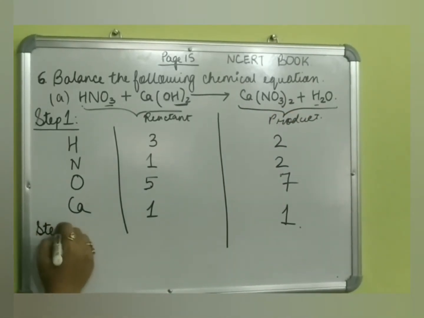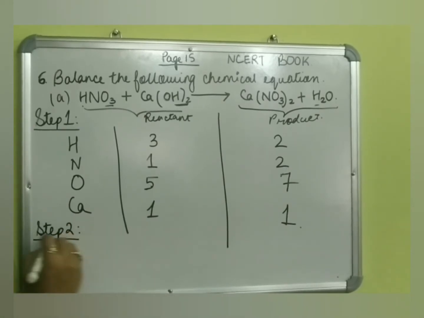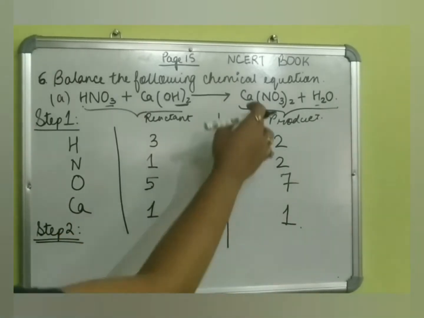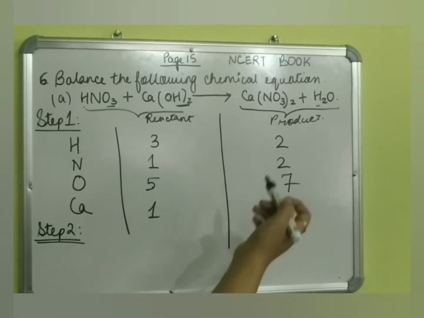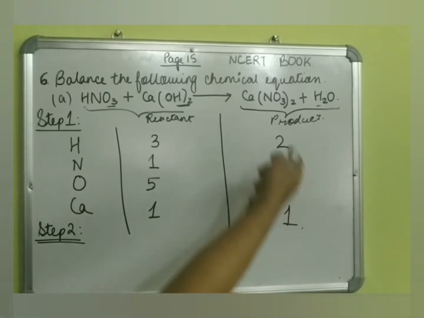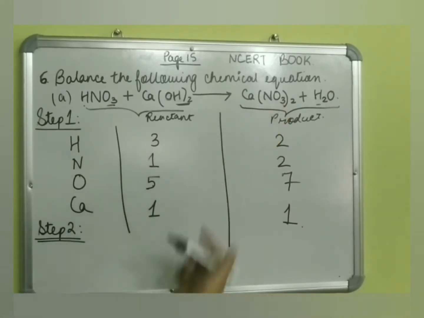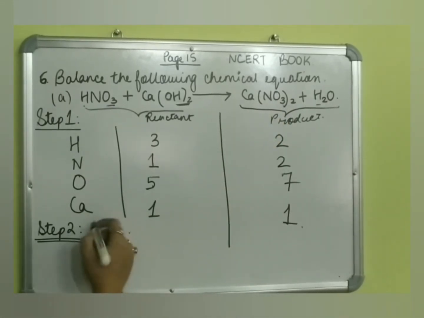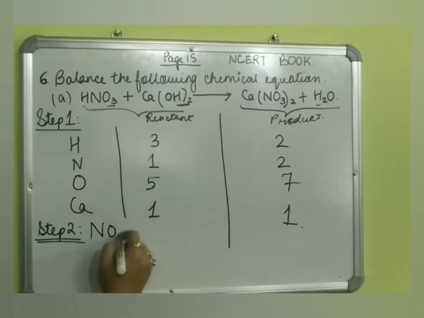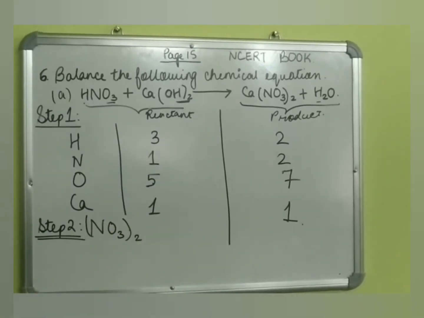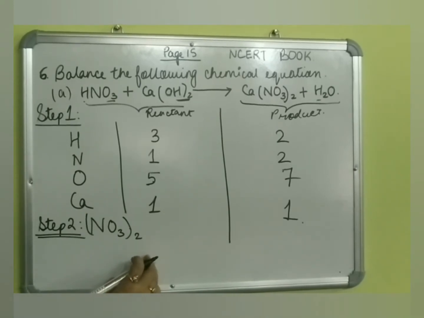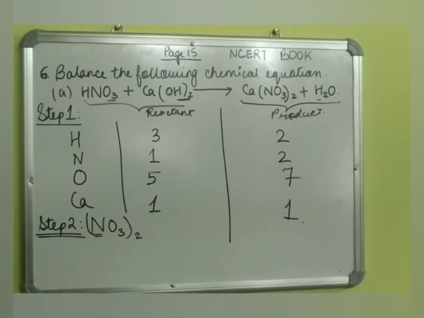So I'm writing here step 2. Let's take the molecule which has the most number of atoms. Here Ca(NO3)2 has the most number of atoms. So just roughly, I'm writing NO3 whole 2. From here I will take the nitrogen atom, N atom.